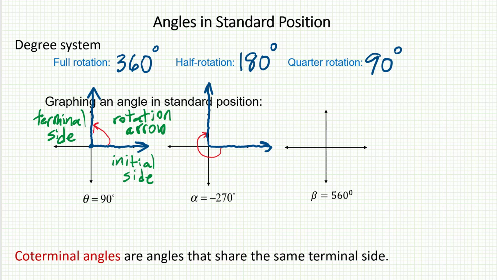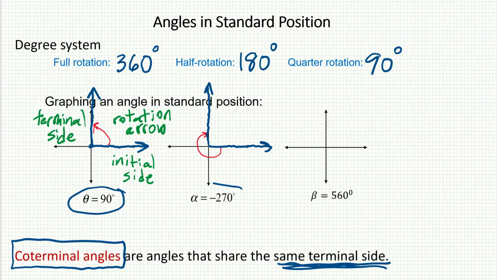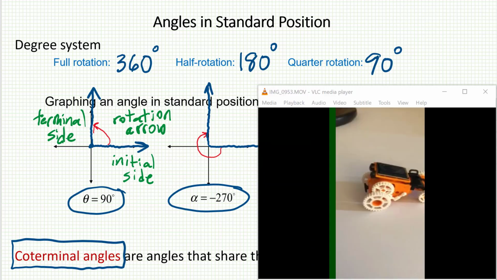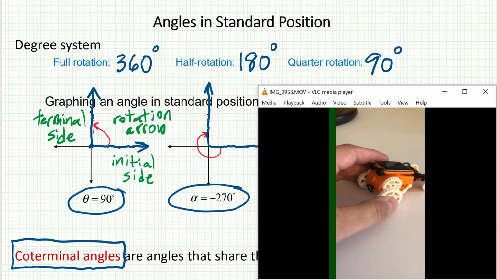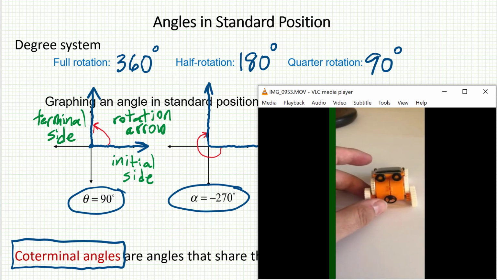If you look at the bottom, we've got a definition here for coterminal angles. Coterminal angles are angles that end up in the same place, that have the same terminal side. And so 90 degrees and negative 270 degrees would be coterminal angles. All we're really saying is that there are different ways to rotate and end up in the same place. Think about the car. When I made that quarter turn, I rotated 90 degrees in a counterclockwise direction.